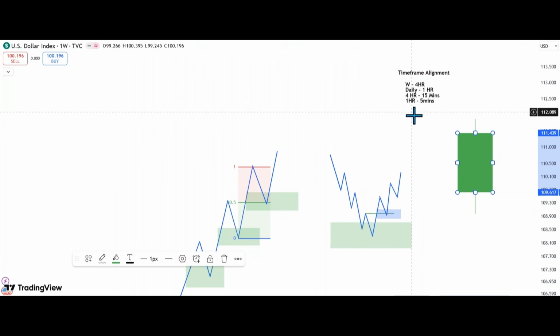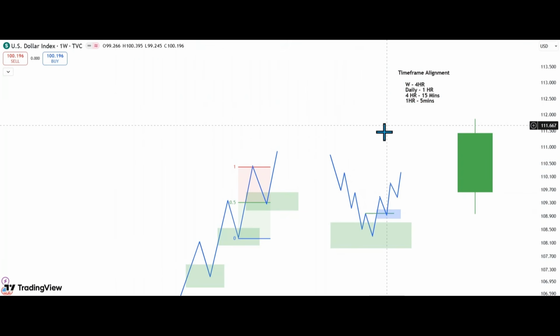If you understand the weekly profile, you will know very well at this point, if Tuesday tagged your daily key level, and Wednesday we got the first expansion higher, there's a high probability that you're going to have a classic buy week.